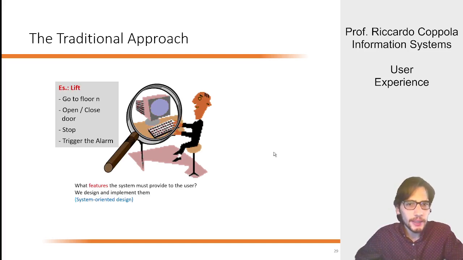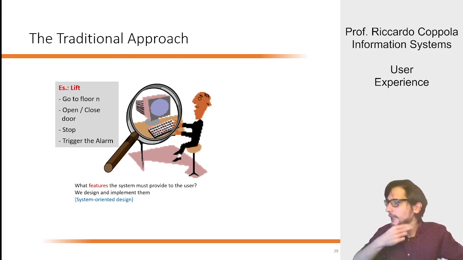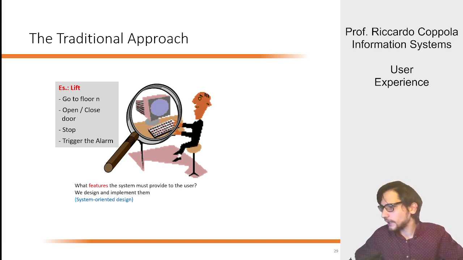So we can think of a lift, an elevator, and we focus only on the features that the system must have. In the case of an elevator, maybe we need to go to a floor N, to open or close a door, to stop at some point, or to trigger the alarm. So those are the features of an elevator.